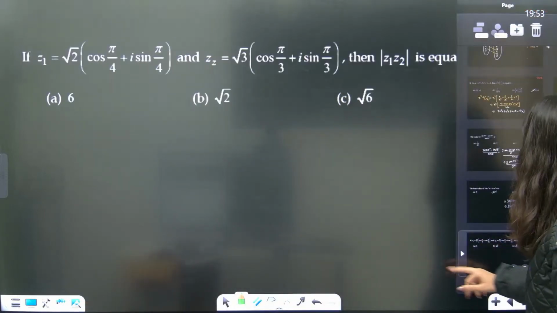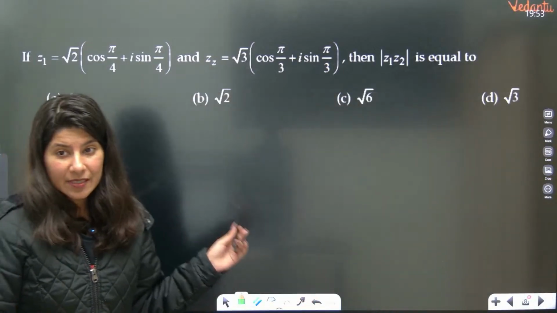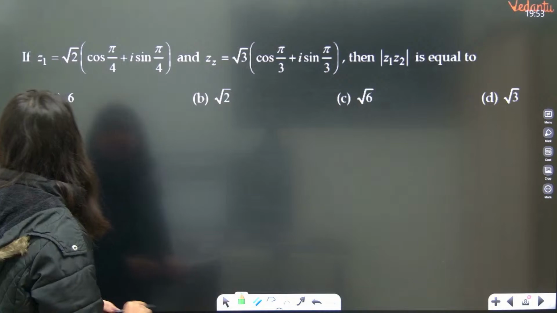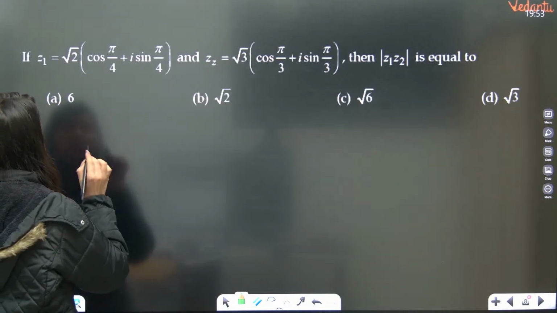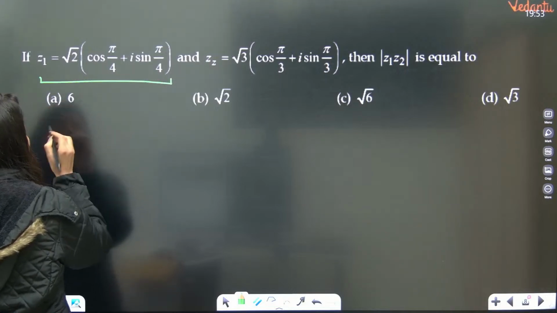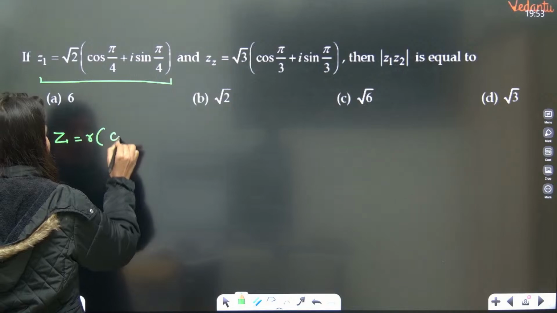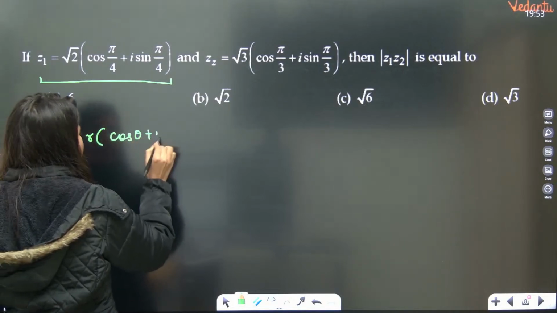Next question on your screen, right away from the world of complex numbers. Again, an easy question. Z1 is given to you. Z1 is of the form R cos theta plus iota sin theta.